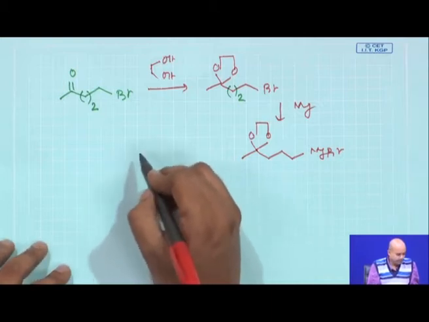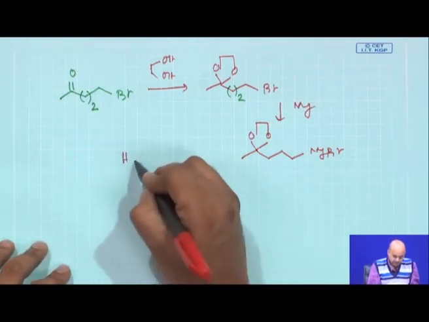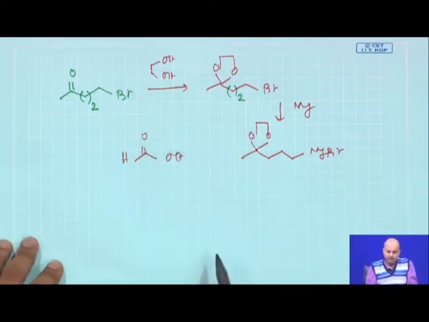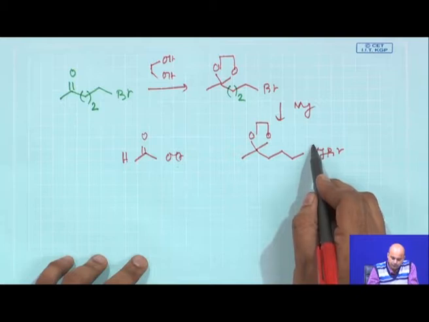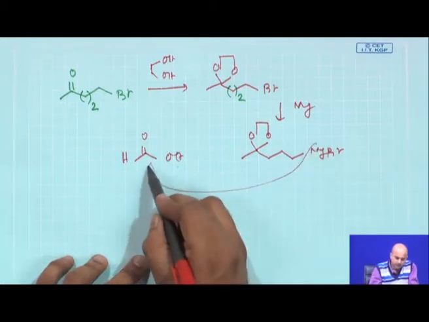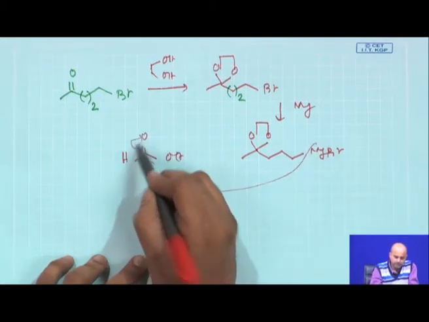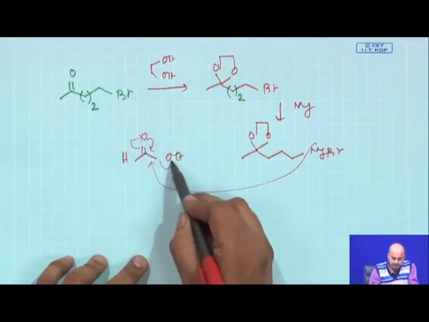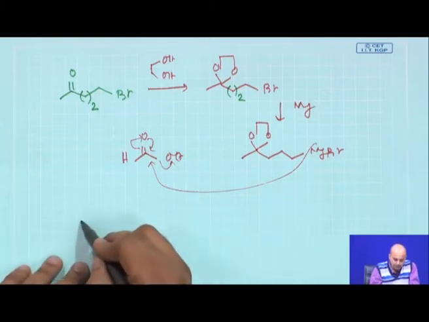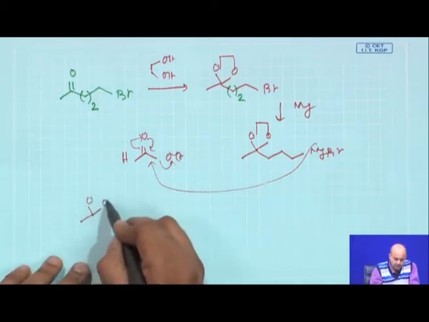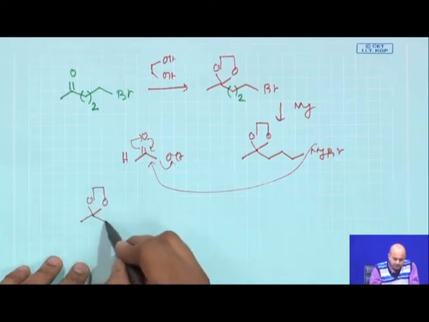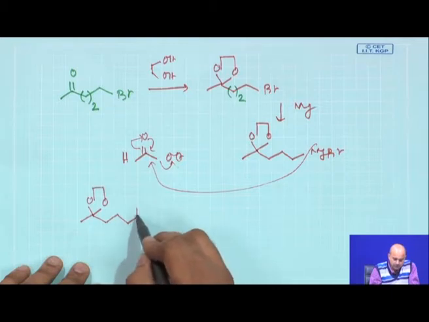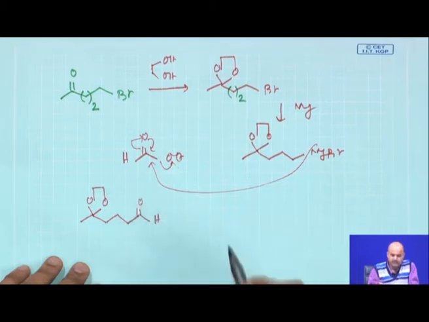And now you are reacting this species with ethyl formate. Ethyl formate, how does it react? The first equivalent of Grignard will come here, goes basically back and it goes up, and eventually the initial Grignard, what it brings, it will give you CH2, CH2, CH2, and basically you get this aldehyde.